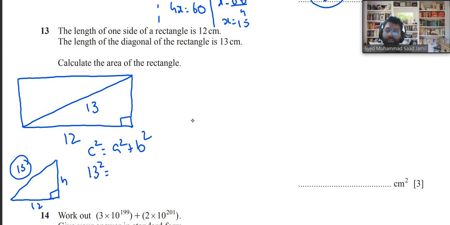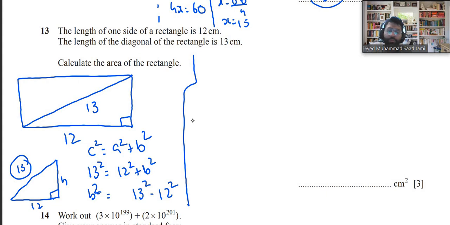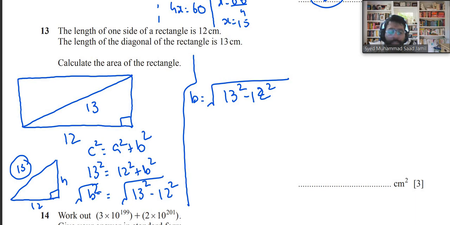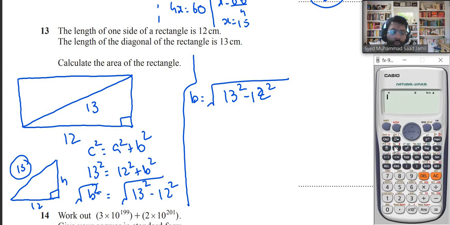So 13 square is equal to 12 square plus, let's say, b square. b square is equal to 13 square minus 12 square. So now we will take the under root of both sides. So b is equal to under root 13 square minus 12 square. Let me do it for you.